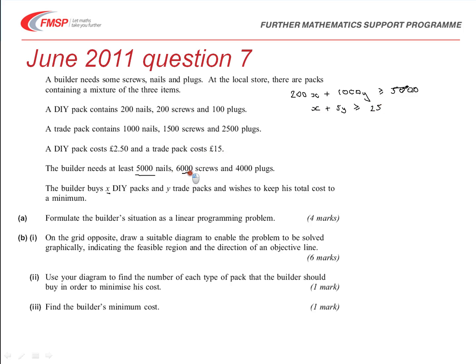Similarly for the 6000 screws, the X packs of DIY have got 200 in them, so that's 200X. The Y packs of the trade pack have got 1500 in them, so that's 1500Y. And that has to be at least 6000.